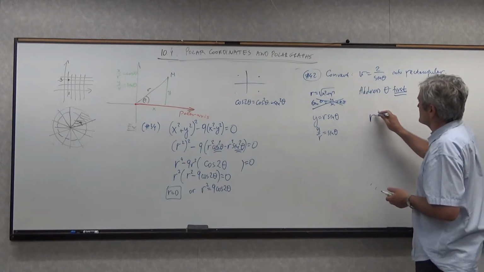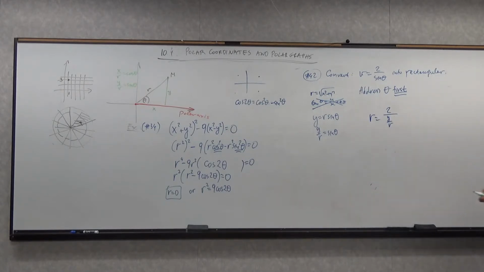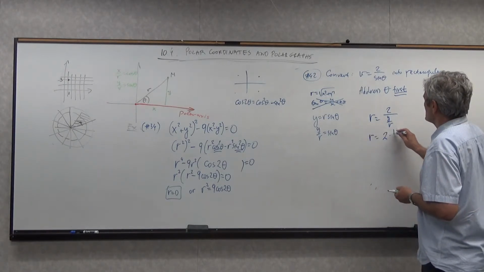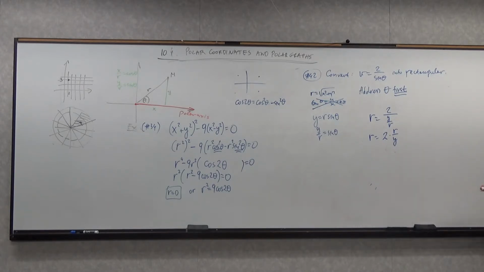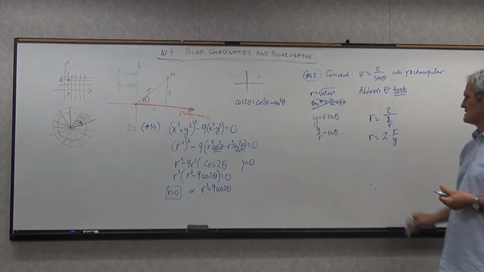So I say r equals 2 over y over r. And then a little polishing, so r equals 2 times r over y. Here it is. Sine theta is gone. I'll deal with r now and replace everything. So deal with cosine and sine theta first, using those basic formulas, not those complicated ones.